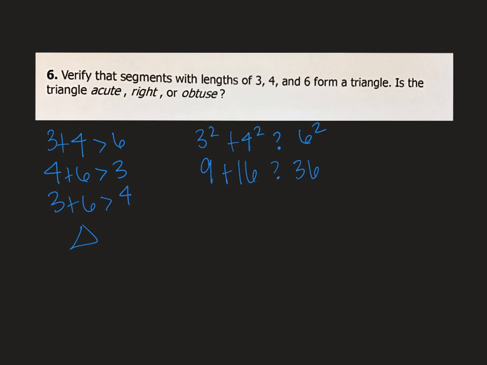So I add my 9 and my 16. I get 25. That is less than 36. So C squared is greater than A squared plus B squared. Because remember, this is my C value. That was my C squared value. So when C squared is bigger than A squared plus B squared, we have an obtuse triangle.